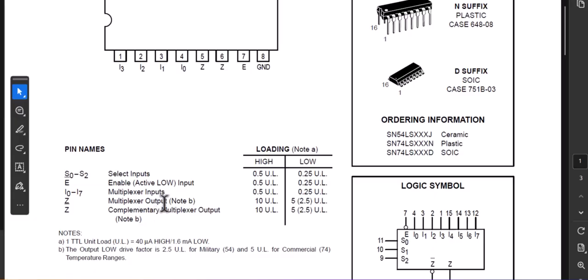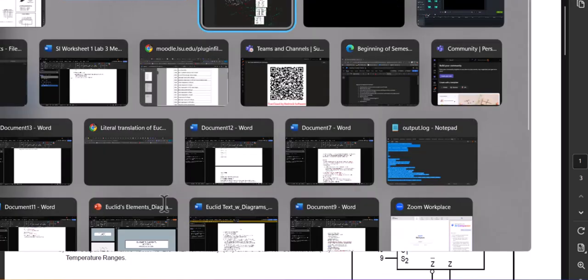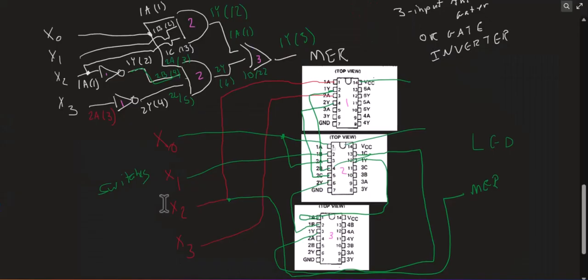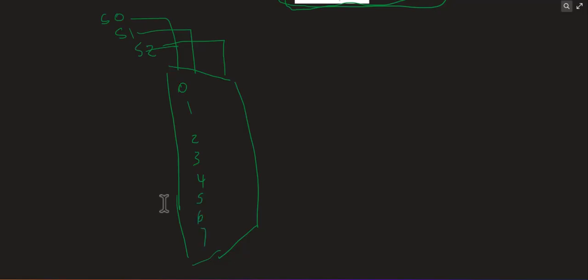So let's remind ourselves of what the multiplexer does. Schematically first, I have a multiplexer and I have 3 inputs. And normally we just draw it with one output, but we can draw it with one output and its complement.